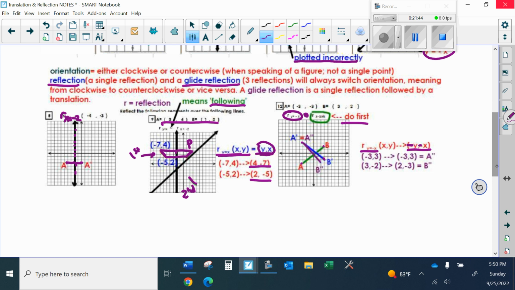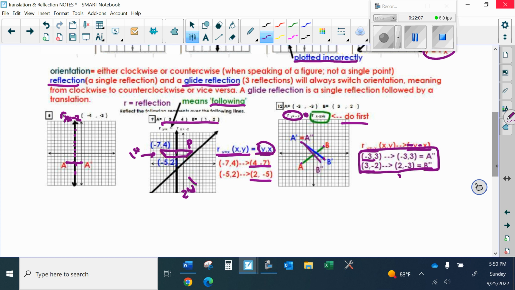So I went ahead and renamed the A primes and put those there as (-3, 3) and (3, -2). And then plugged into there, switched them, and put negatives on both of them. So it's best that, as much as you can, put your answers off to the side here, then plot them on the graph so you don't blow it.